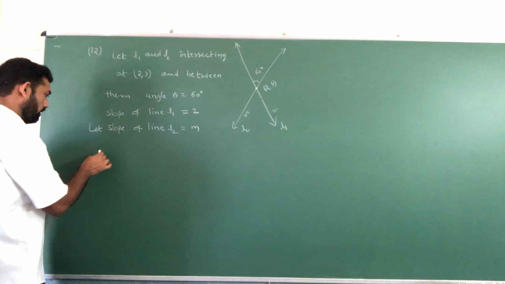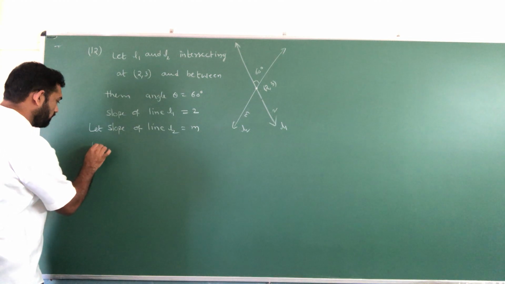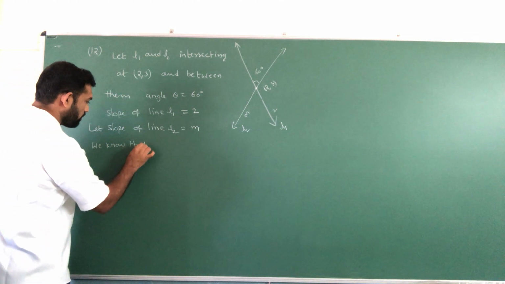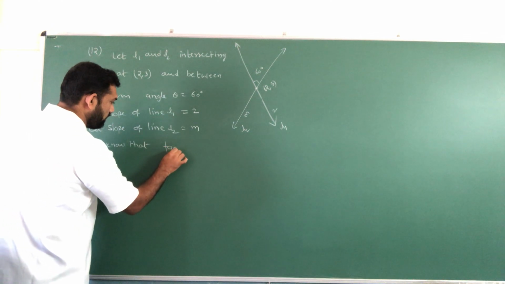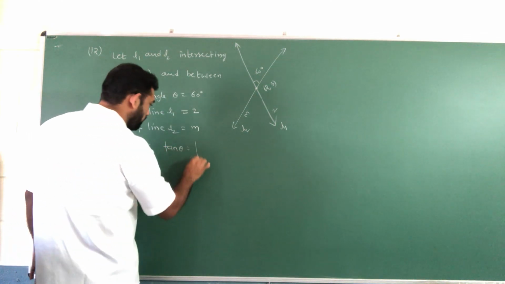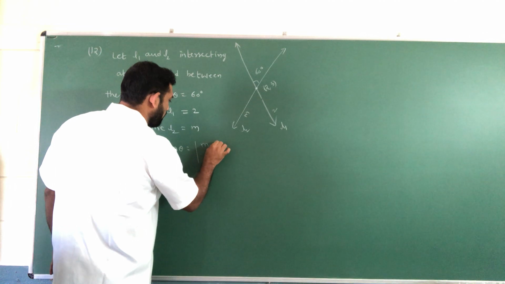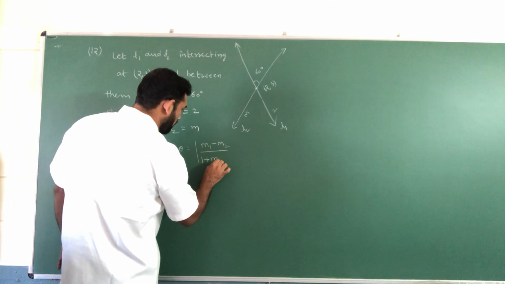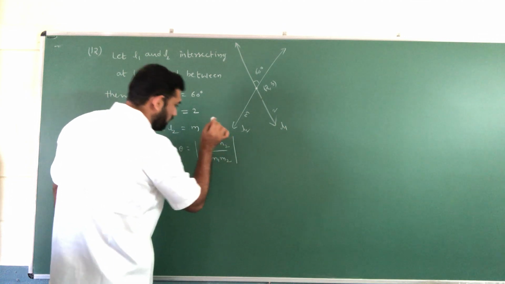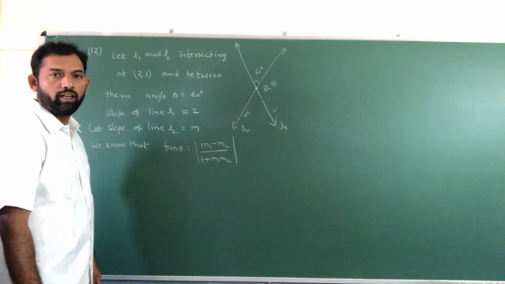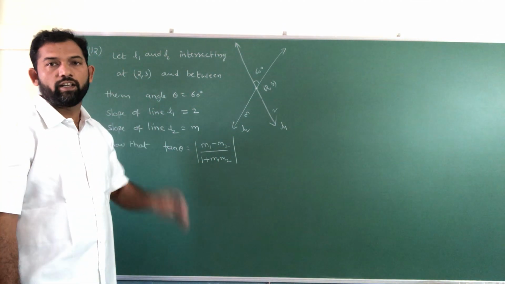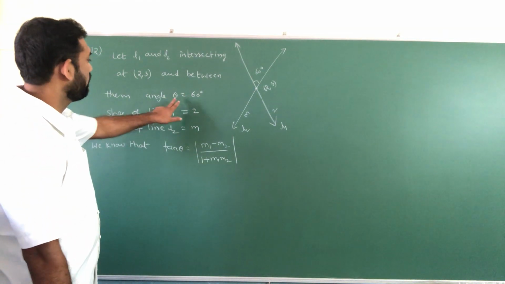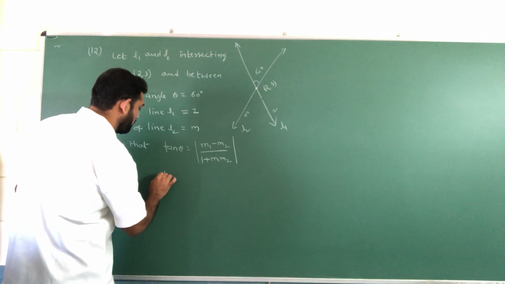Now we know that tan theta is equal to the modulus of (M1 minus M2) divided by (1 plus M1 M2). So theta is the angle between the lines. How much is the given theta value? 60 degrees.